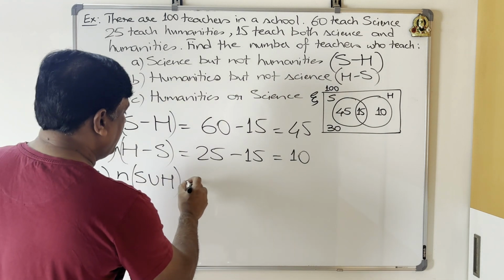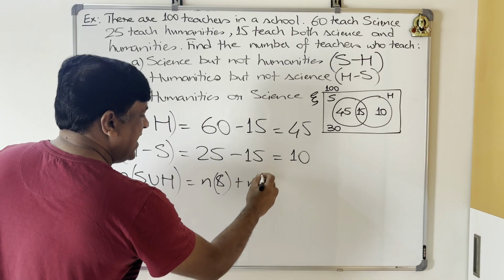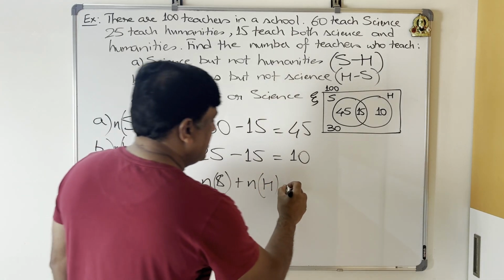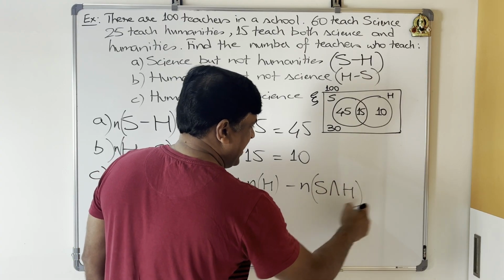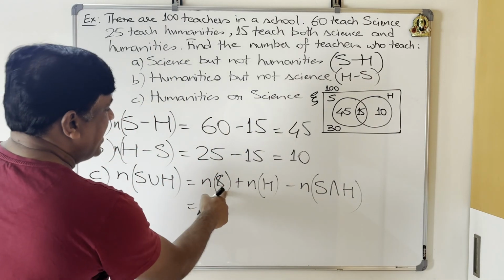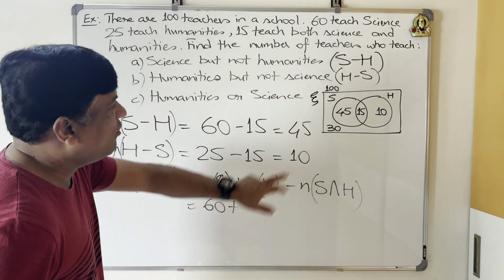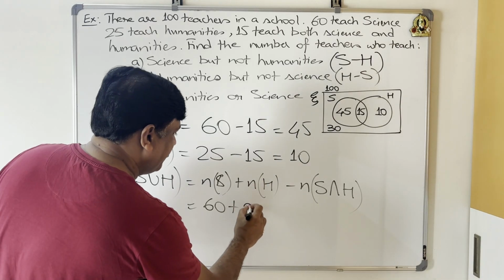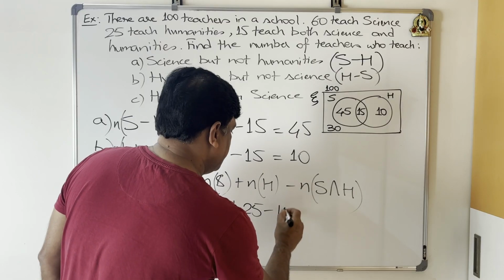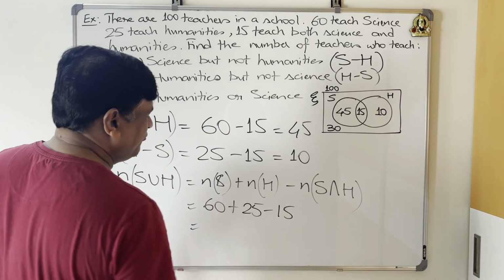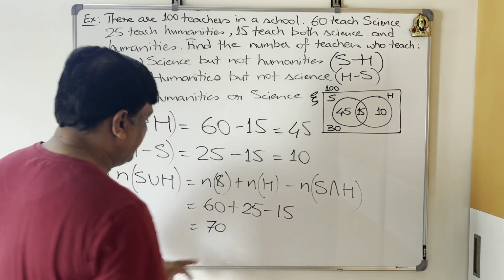We know the formula very well: n of S plus n of H minus n of S intersection H. Put the values: n of S is 60, plus n of H is 25, minus 15. 60 plus 25 is 85, and 85 minus 15 is 70 teachers. Your answer is correct.